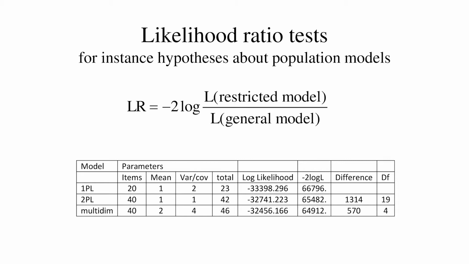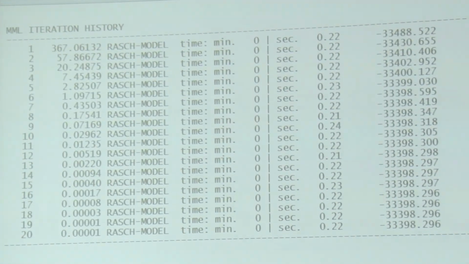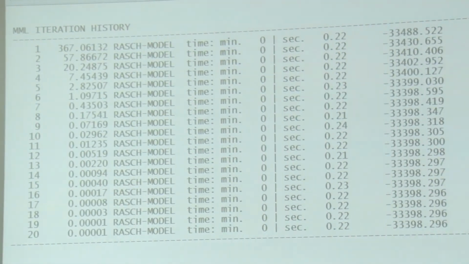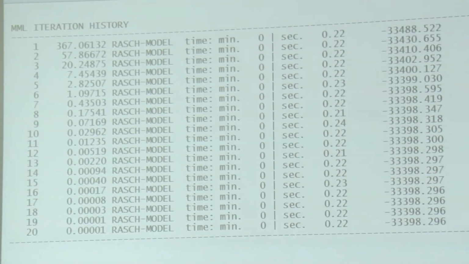For instance, here we want to test the Rasch model versus the 2PL versus a multidimensional model. And the first thing that we see here is called the iteration history of the estimation procedure. In this small example, this is not a problem.